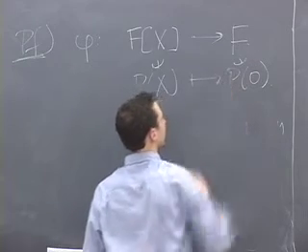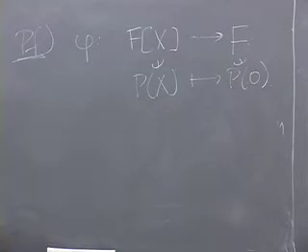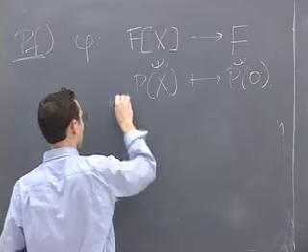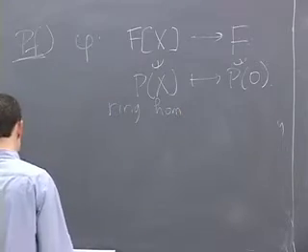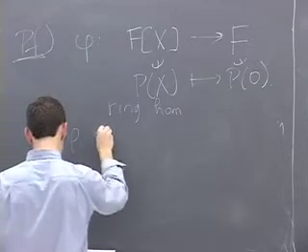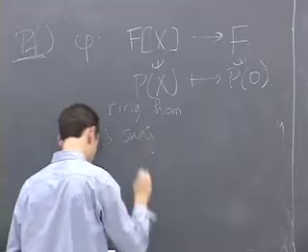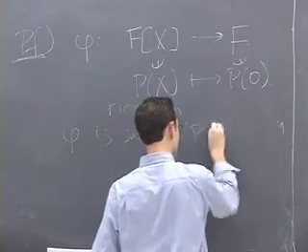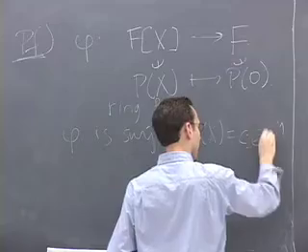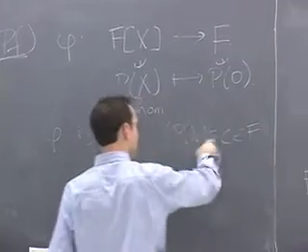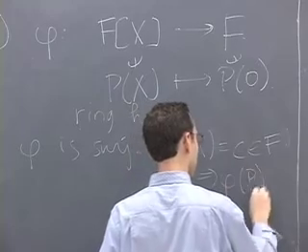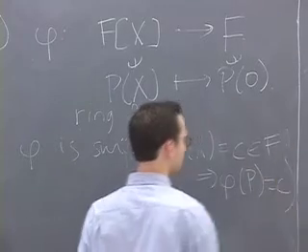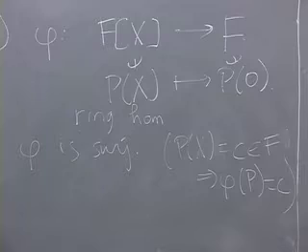That's certainly an element of F, and it is completely trivial that this is a ring homomorphism. Now, this map is surjective, because if I let p of x be the constant polynomial, p of x equals c in F, then phi of p is c. So this is indeed surjective.